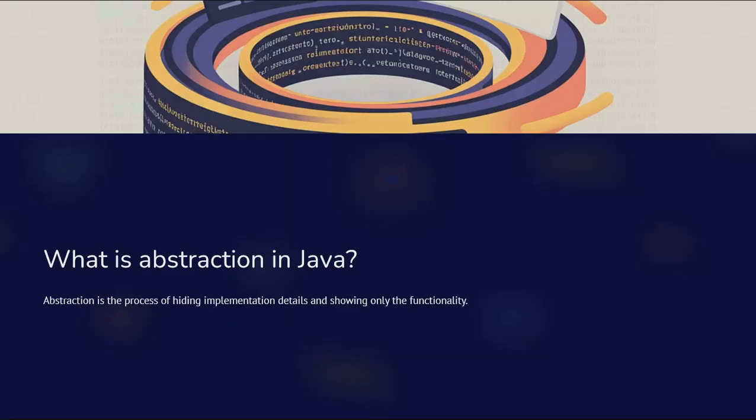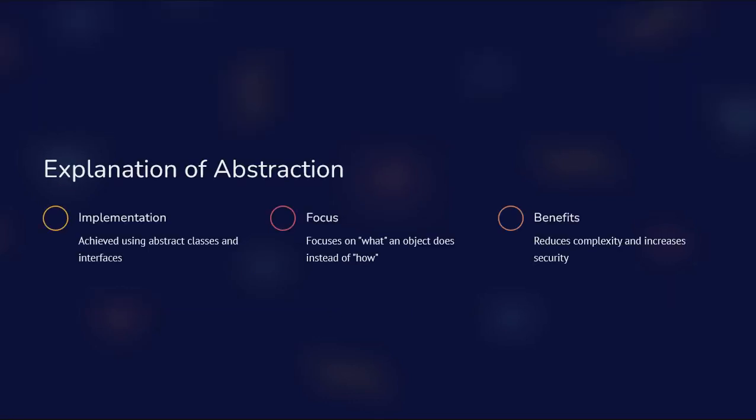Now the next question is, what is abstraction in Java? Abstraction is the process of hiding implementation details and showing only the functionality. It is achieved using abstract classes and interfaces. Focus is on what an object does instead of how it does it.